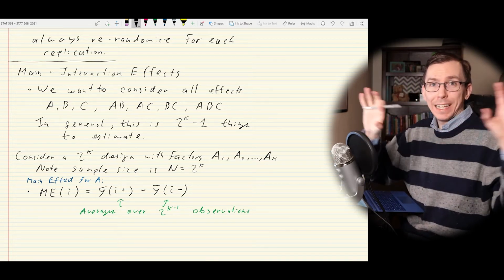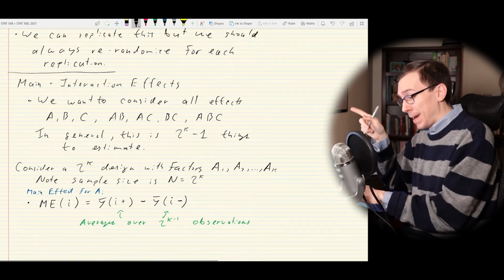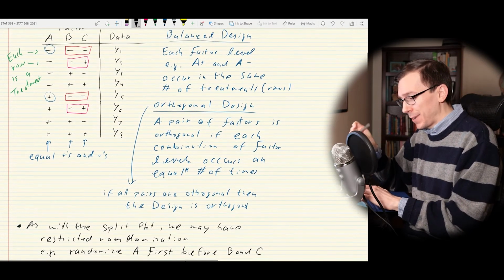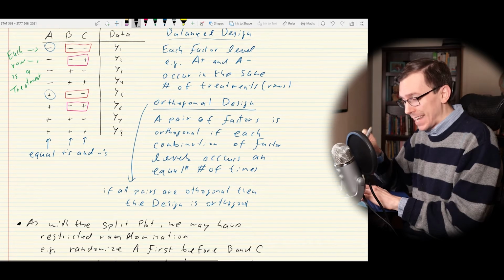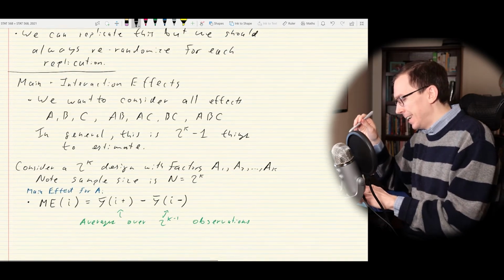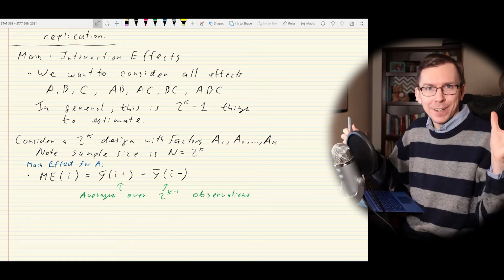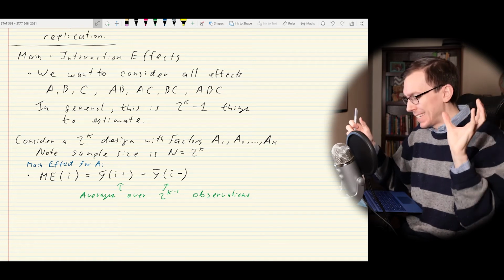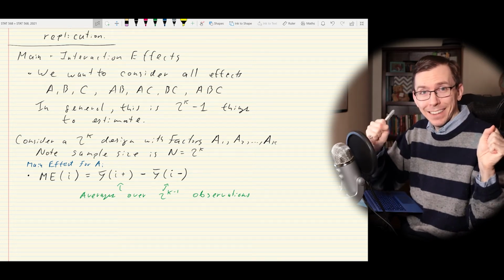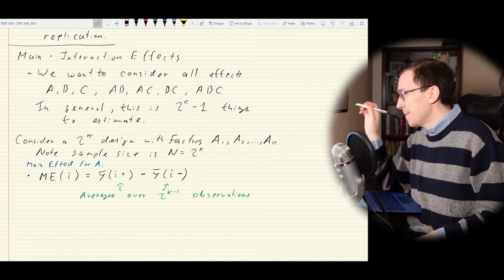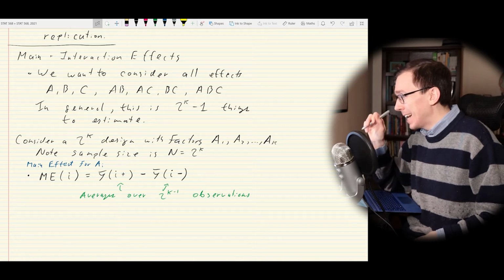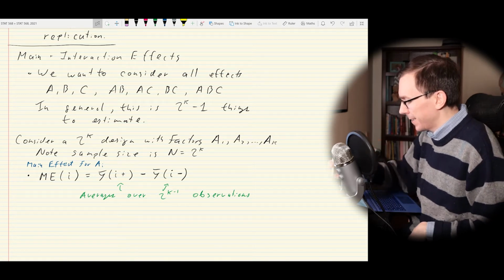So we kind of split the whole data set in half. Remember, the design is balanced. Go back up here. That means we have an equal number of pluses and minuses for every factor. Hence, when I want to average all of the pluses together and all of the minuses together, and then do a difference, because of orthogonality, we have something that's quite neat here.